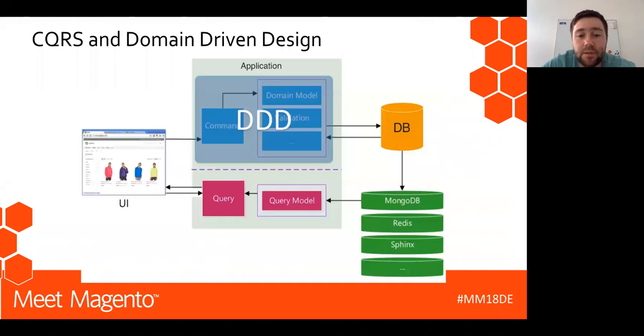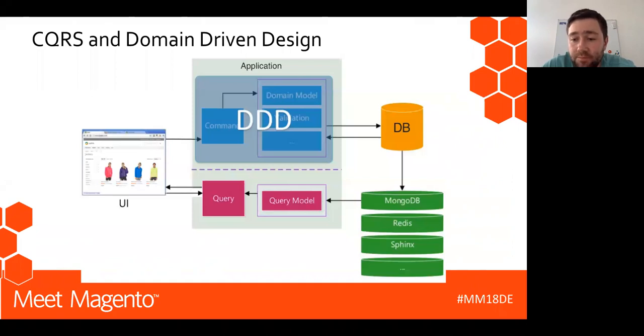That's why, for querying data, we don't need to have a really sophisticated and big domain model. All we need to do is just grab some data from the database. It could even be a database optimized for reading, so it could be MongoDB, for example, but not a relational database.